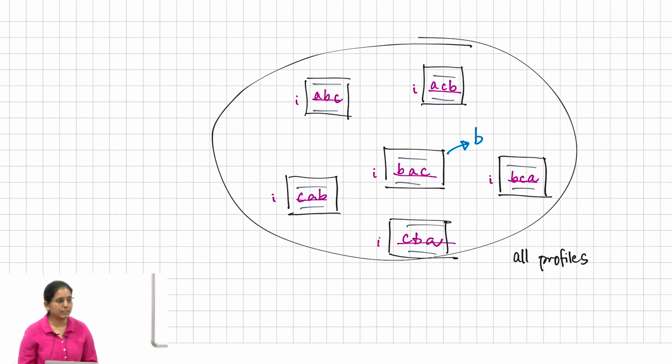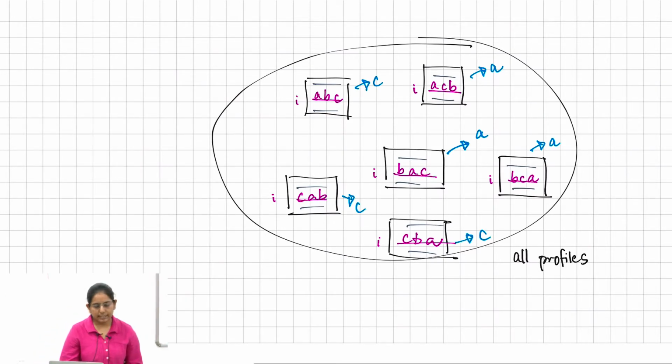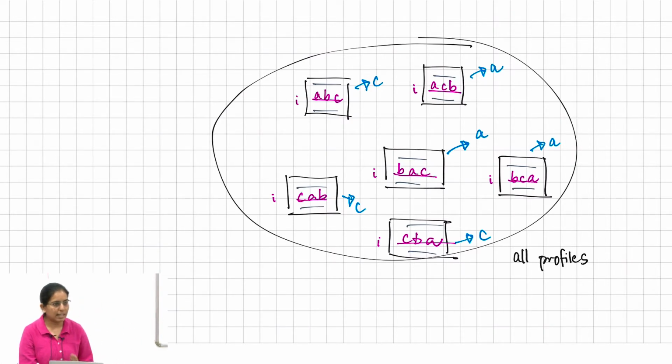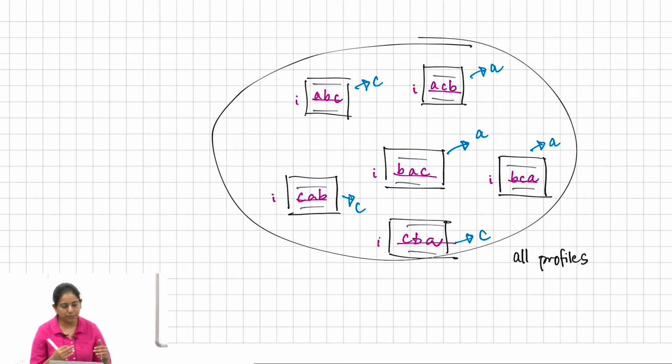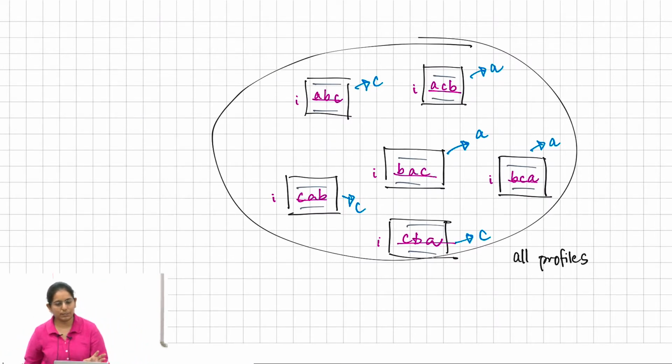So if the mechanism has so much structure that, for instance, in this profile A was winning, and the mechanism just outputs A or C on all the other profiles, at least the voter I does not have an incentive to change her vote. So basically, based on what you decide to do on one profile, a lot of constraints will emerge.